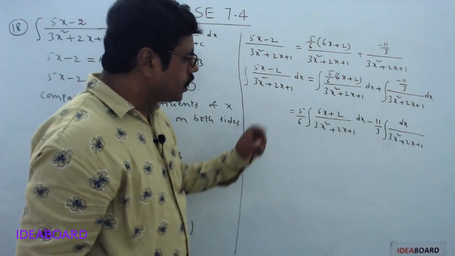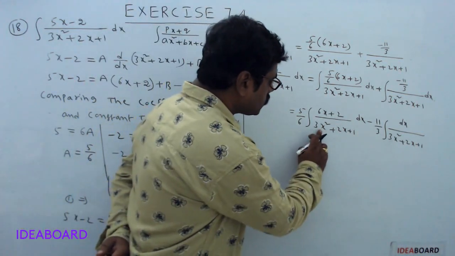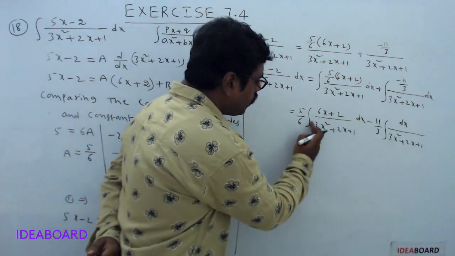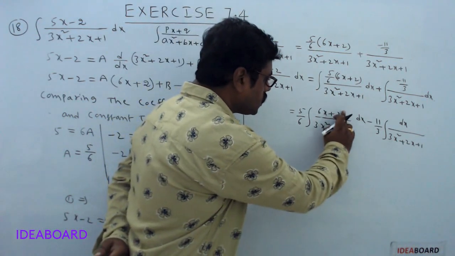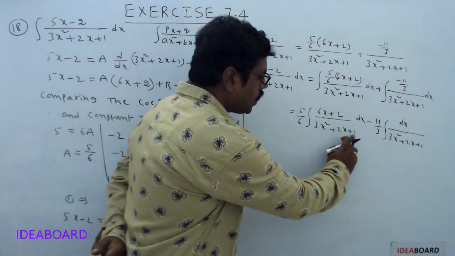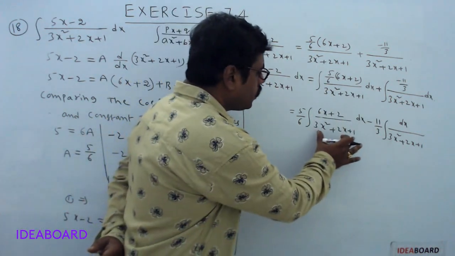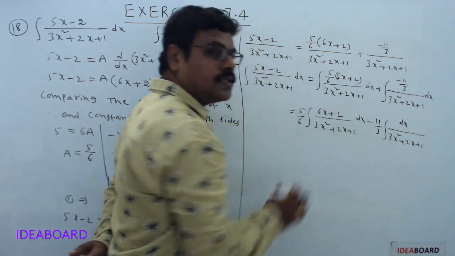Now here, if you look at the first one, what is the derivative of 3x square plus 2x plus 1? Derivative of 3x square is 6x. Derivative of 2x is 2. 1 is the constant term, its derivative 0. So, derivative of 3x square plus 2x plus 1 is 6x plus 2.